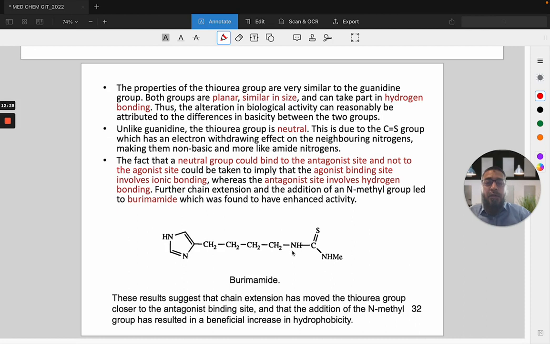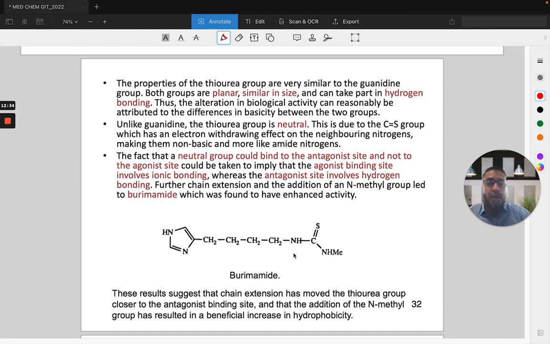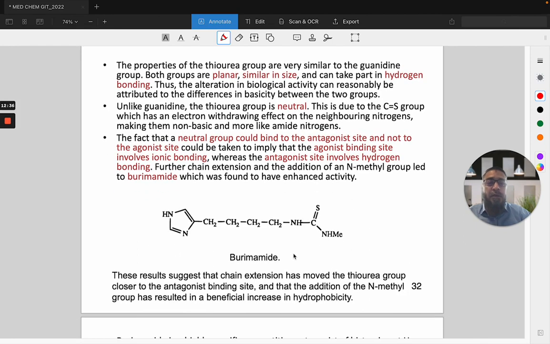So this is the reason for the fact that a neutral group could bind to the antagonist site and not to the agonist site. So in order to bind with the antagonist site, the group should be neutral, not an ionic group, right?